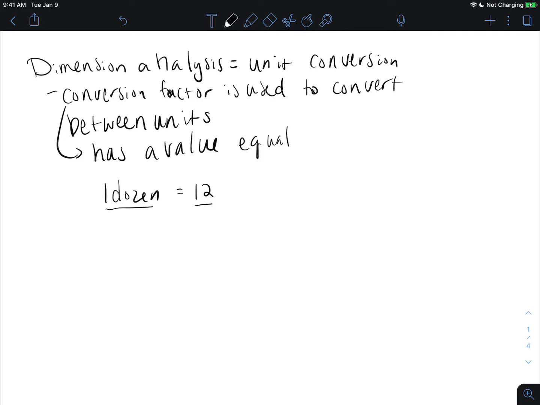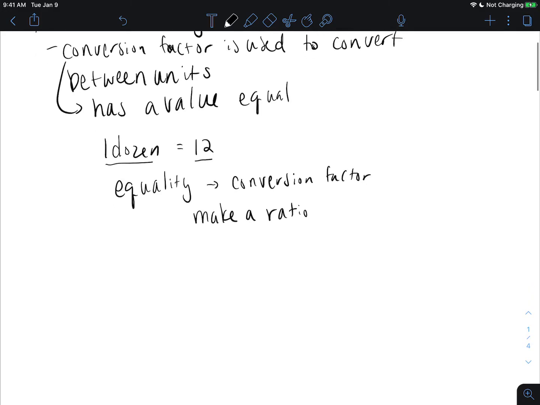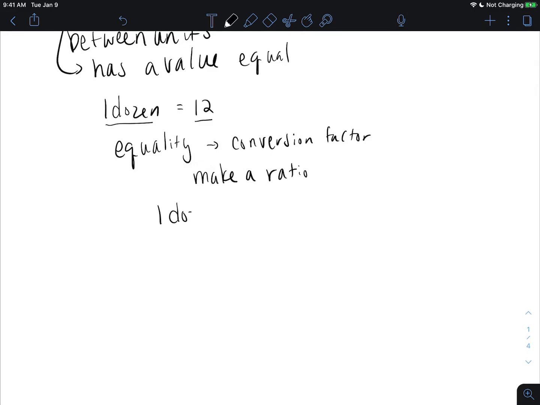Because this is an equality, we can use this as a unit converter. So to convert from an equality to a unit converter or a conversion factor, we just make it a ratio. So 1 dozen over 12, or 12 over 1 dozen.